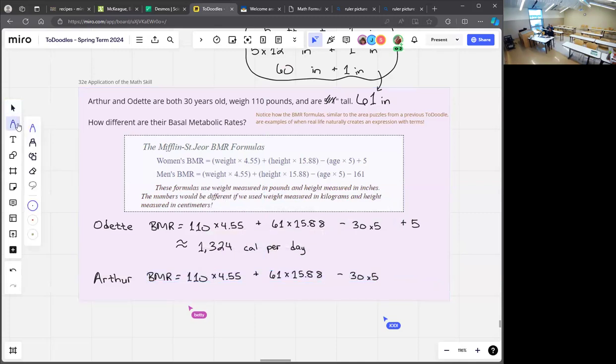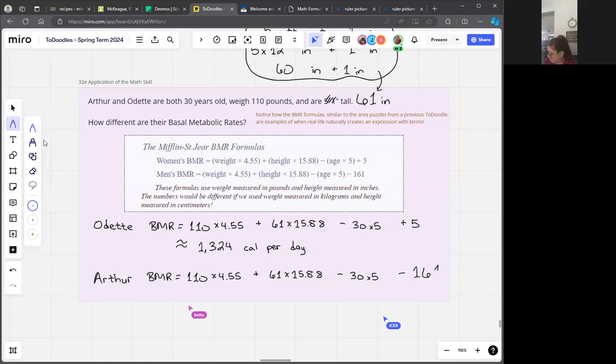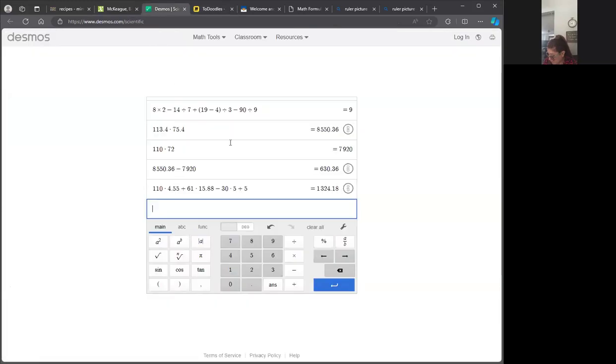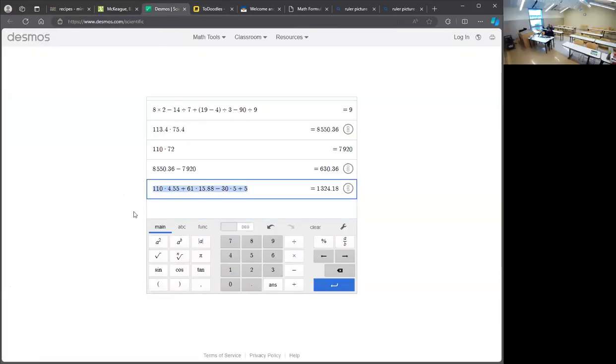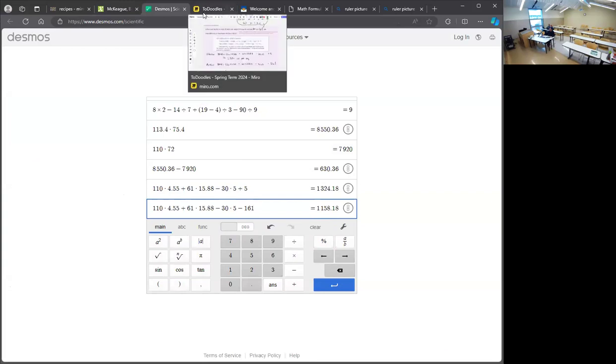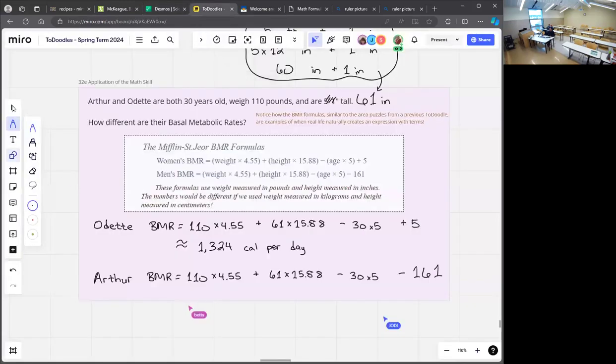At the very end, instead of a +5, he has to have a -161. So I'm just going to highlight all of that and paste it and change the +5 to a -161. So he's 1,158. No, he's bigger than Gordon.